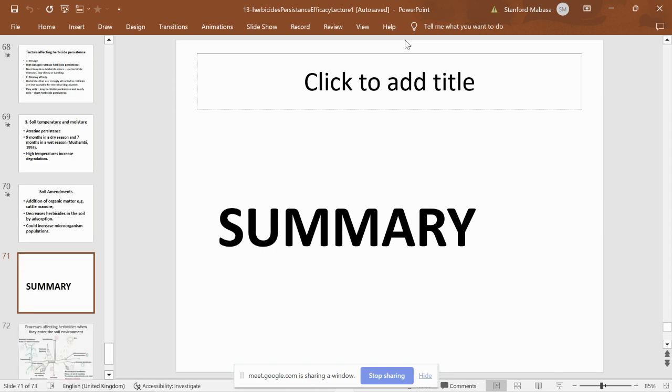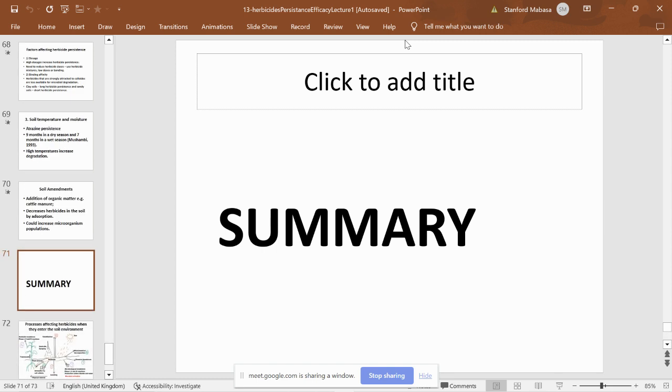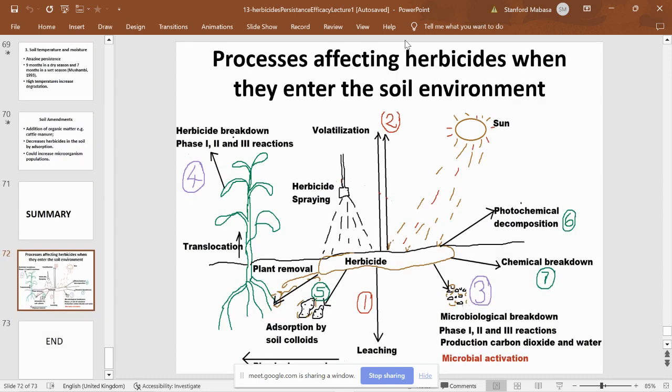So I will summarize, probably in one slide, the processes that affect herbicides when they enter the soil environment. There are 7 of them, which we have actually talked about. So if you want to remember the processes, you just use this slide and try to figure out how the herbicides are affected, especially when they are applied to the soil.